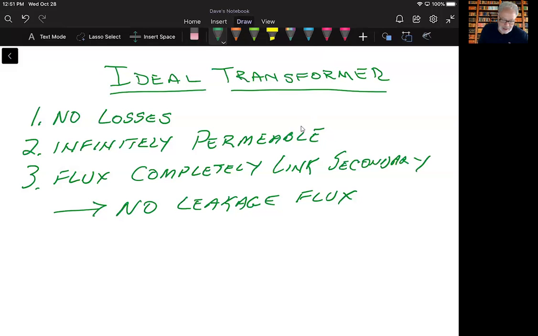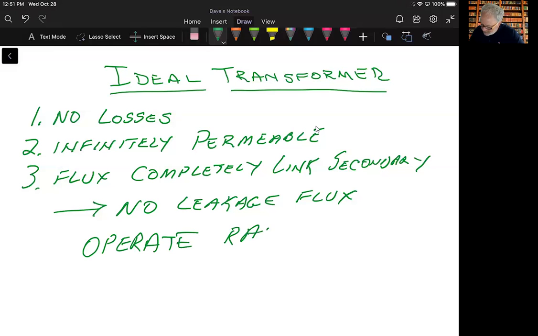He goes on to say that practical transformers have properties which very much resemble these properties of an ideal transformer. And the reason that they do is that we operate them in a range that makes sure that that happens.